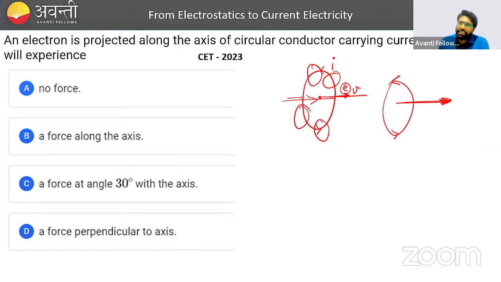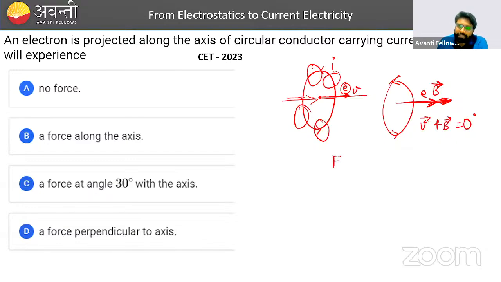For simplification, I'm taking the current as anti-clockwise. Got it? So due to the anti-clockwise current, the B vector will be in this direction, and the electron is also projected in the same direction. So the angle between velocity and magnetic field here will become 0 degree.